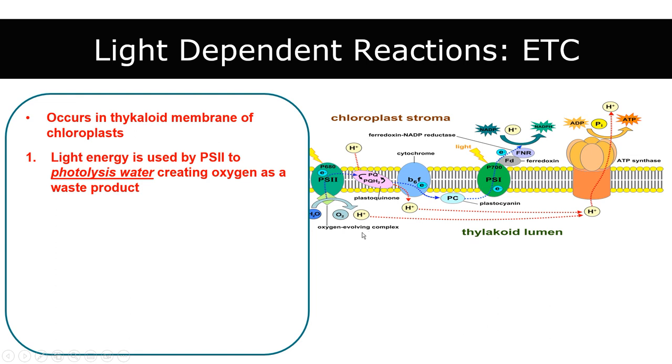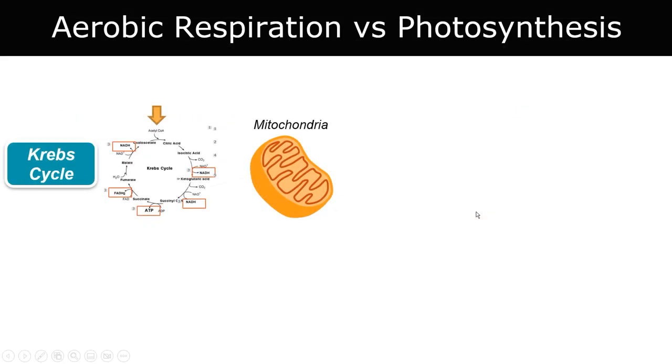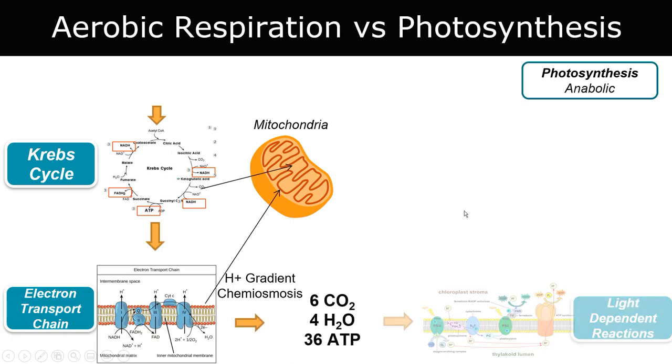And the reason for this is that this is an electron transport chain. Very similar, right, to what we saw in respiration, where I have complexes 1, 2, 3, 4, 5, and I'm using these reduction and oxidation reactions to create a proton gradient.